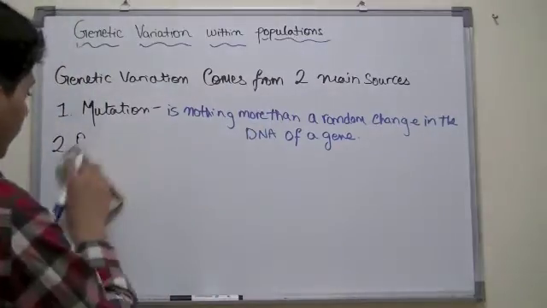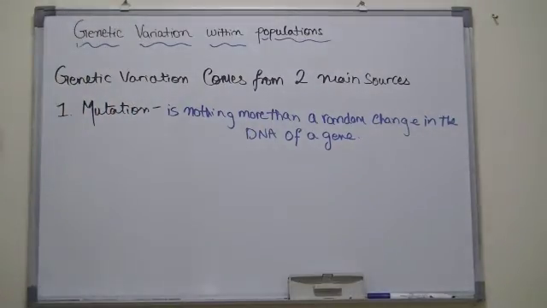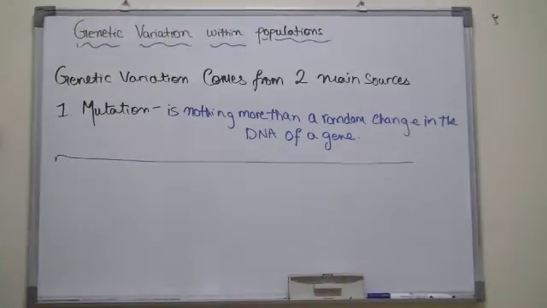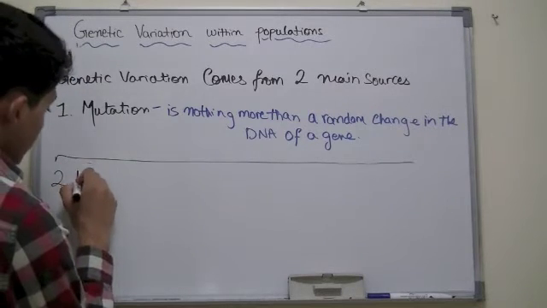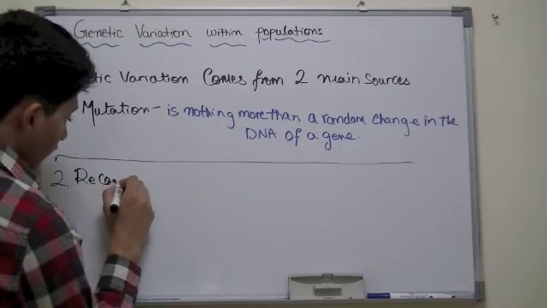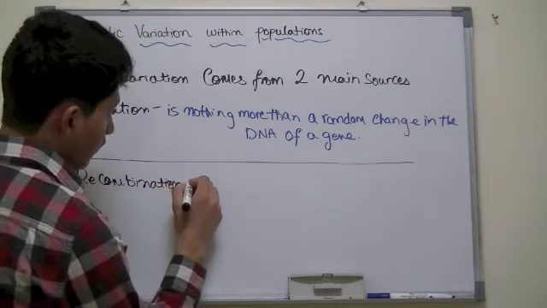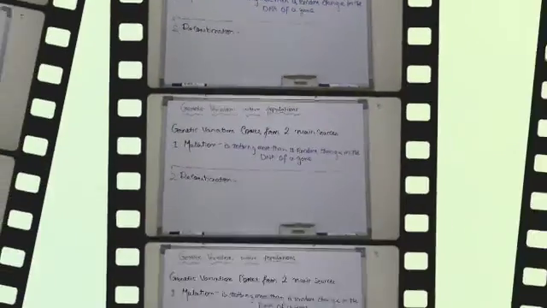Let me go ahead and erase this and put it down so you guys don't get confused. So that's mutation, and all we did was put in an example of reproductive cells. Now it's recombination. So let's talk about what recombination is.